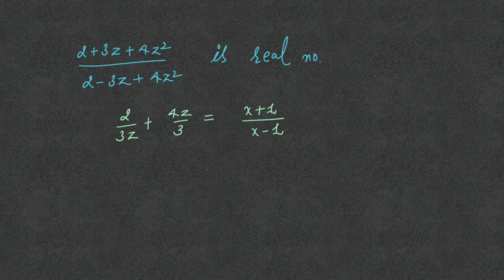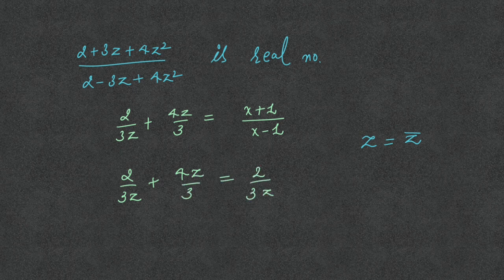If a complex number is real, that simply means z should be equal to z bar. So applying it here, 2/(3z) + 4z/3 is equal to 2/(3z̄) + 4z̄/3.